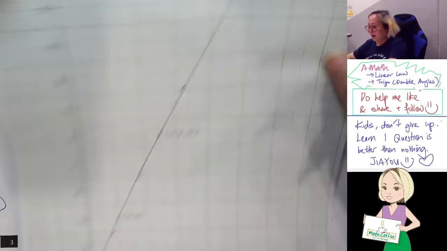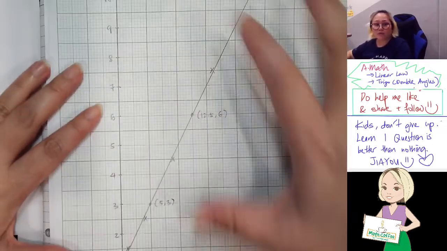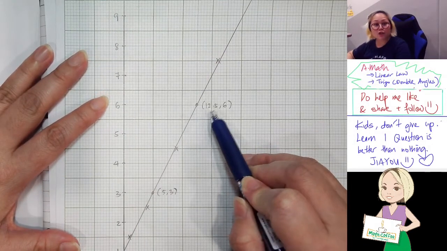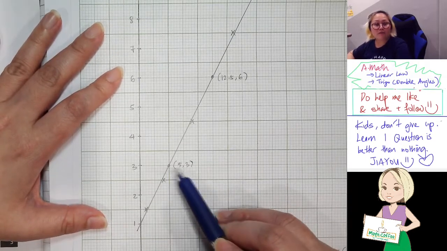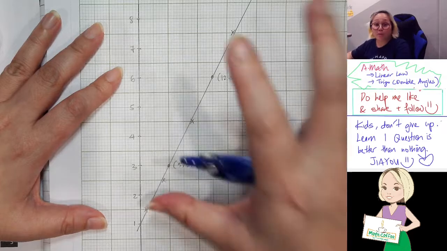So look at my graph. From the line, you need to go and find some nice points. I managed to find one point here, which is 12.5, 6, and one point here, which is 5.3. These two points must be from your graph.